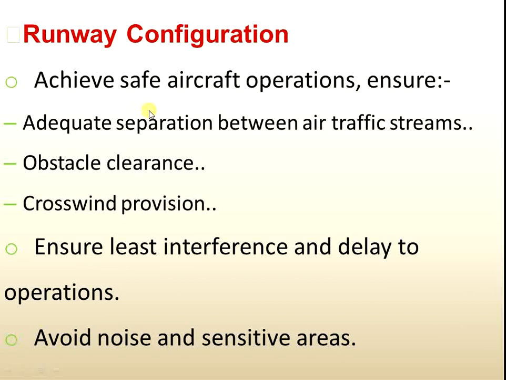Next is the crosswind provision we also have to provide. It ensures least interference and delay to operations. Next, avoid noise sensitive areas, that is, avoiding or controlling noise pollution in these sensitive areas.